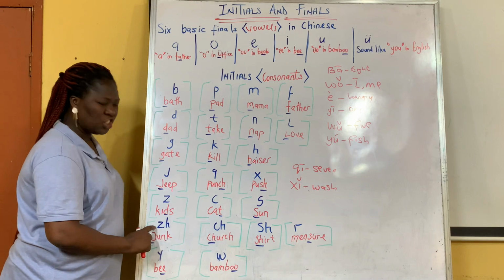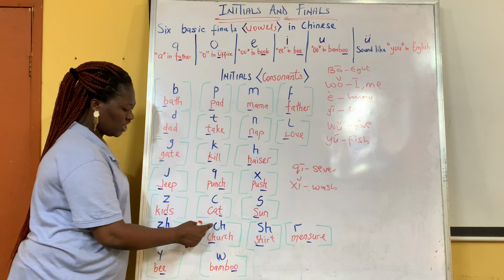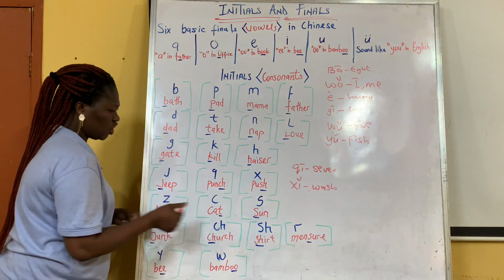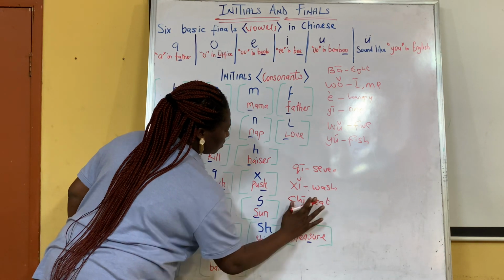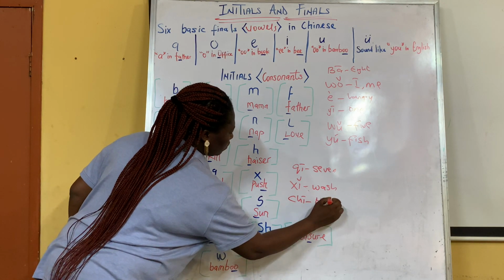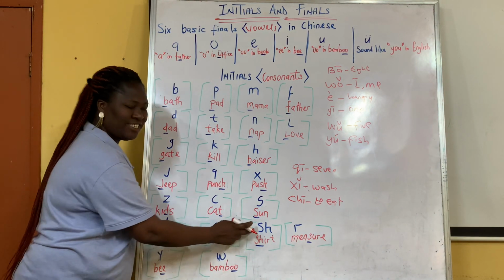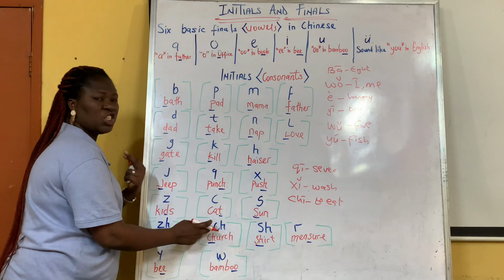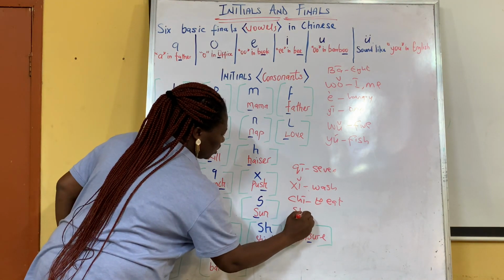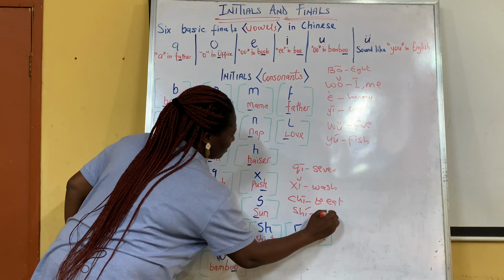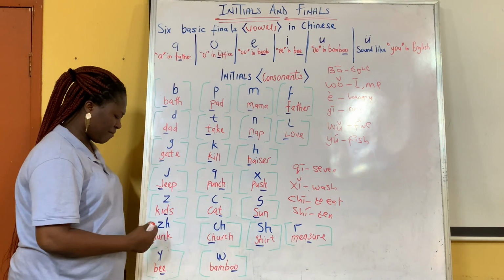The next one, ji, qi, xi. Qi means to eat. Then this one, which means stand. Again, let's go again. Try after me.